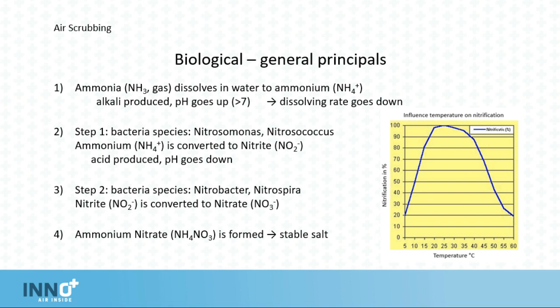So what is important is that the pH will be neutral, around 6.5 to 7, and that the temperature, as you can see on the right side, is at the right level. As you can see, from about plus 13 degrees Celsius to plus 43 degrees Celsius, the process is over 70%. But beyond that, when it's colder or warmer, it goes down very rapidly.